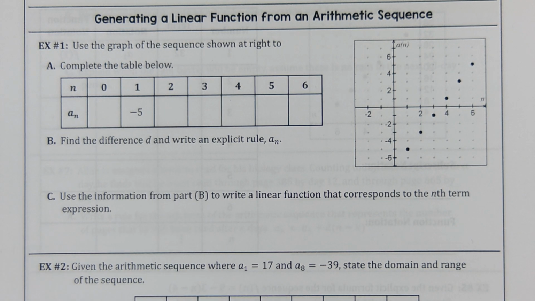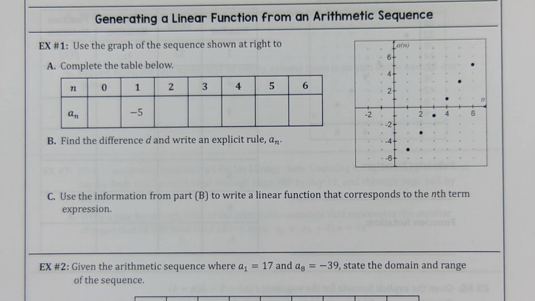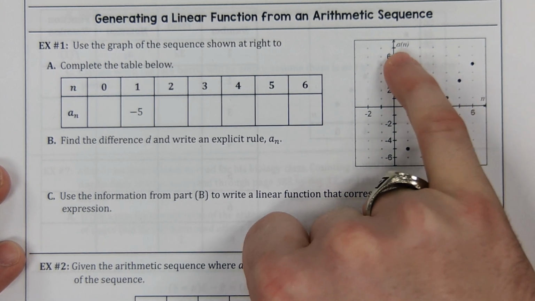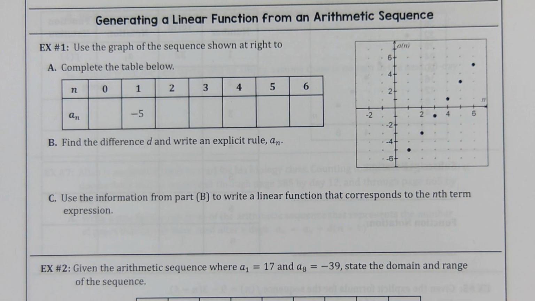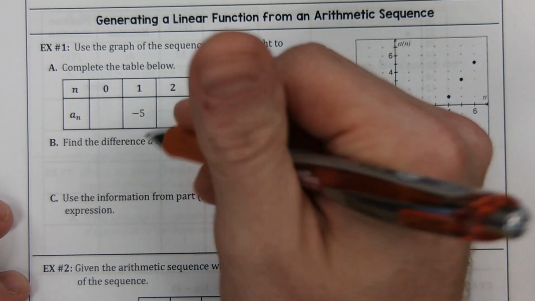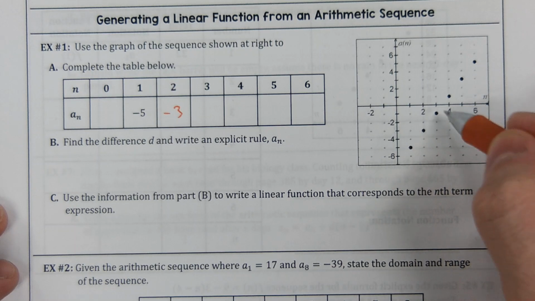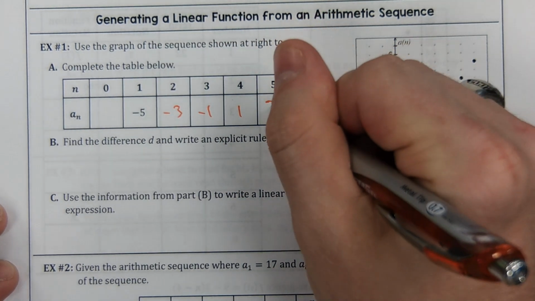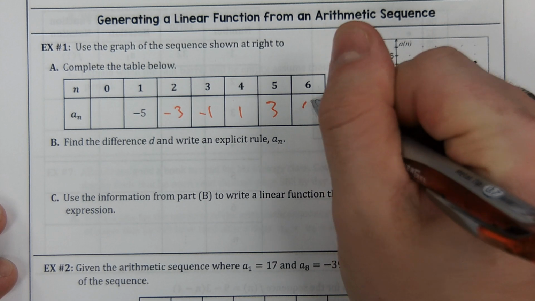First, let's fill out our table with the known A sub n values. So this is not x, y, it is n comma a sub n. 1 comma negative 5, got it. 2 comma negative 3, 3 comma negative 1, 4 comma 1, 5 comma 3, and 6 comma 5.